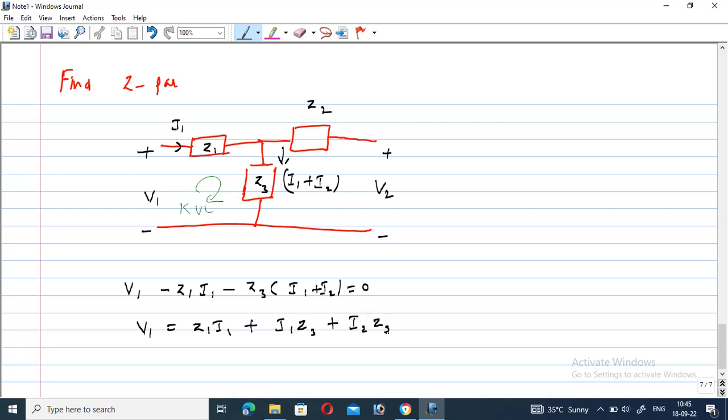Shifting this equation from left to right, I will get V1 is equal to Z1 I1 plus I1 Z3 plus I2 Z3. So from this I can represent V1, taking Z1 plus Z3 as a common value, into I1 plus, the next one is nothing but I2 into Z3.